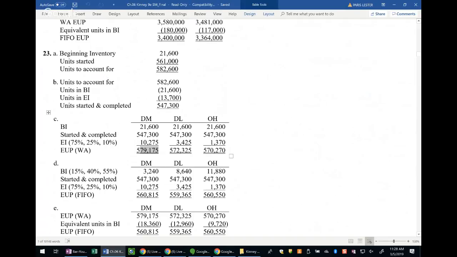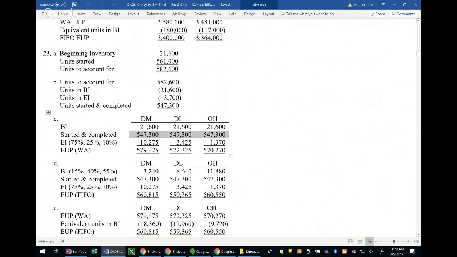Now you had to use 25% of ending, so you put the whole units up here. That's why if you added them to started and finished, you get units transferred out. If I add 21.6 to 547, that's units transferred out.